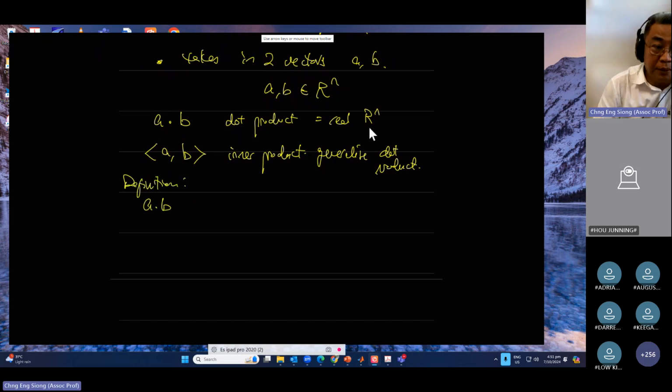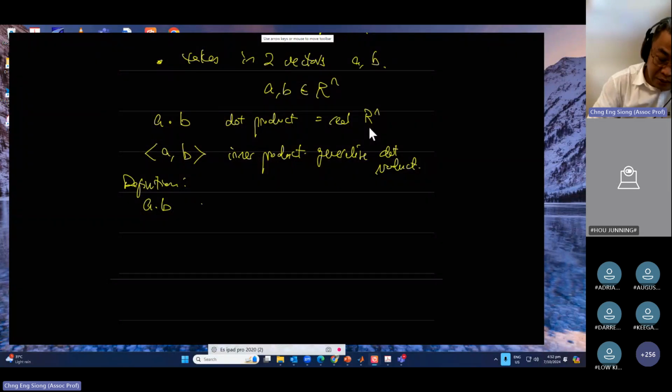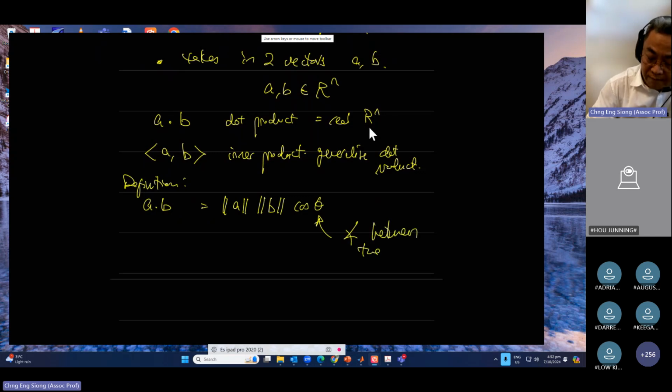You just have to remember the definition. A definition is something we give to you, and you have to use it. So when we say a dot b, we are taking the norm of a, the norm of b, cosine theta. So what is theta? This is the angle between the two vectors. Which two? a and b.